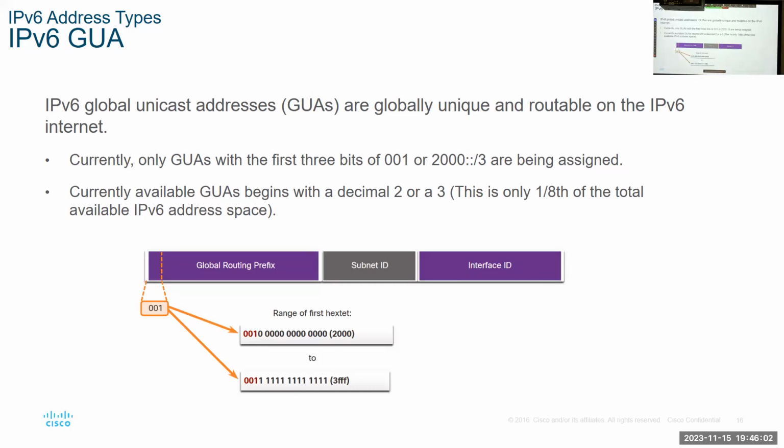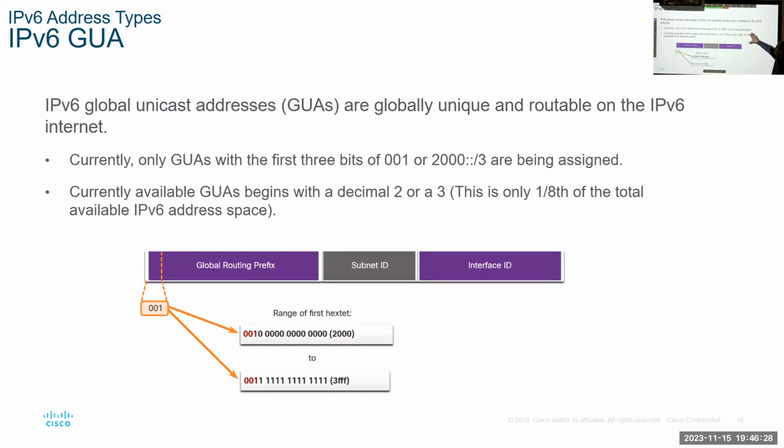And that basically means it's a value between 20 and 2F in the first 8 bits of your IPv6 address. Right now they've only allowed a value of 2 or a value of 3.